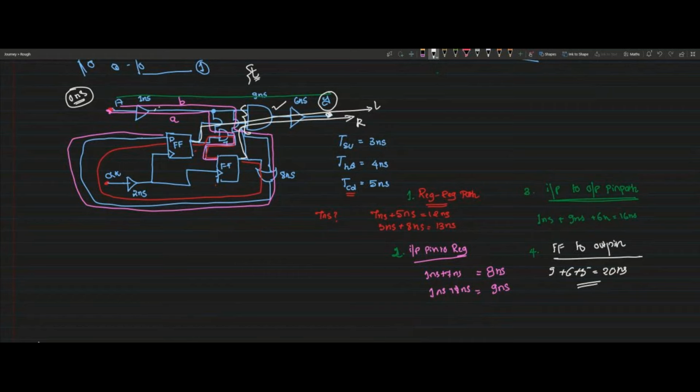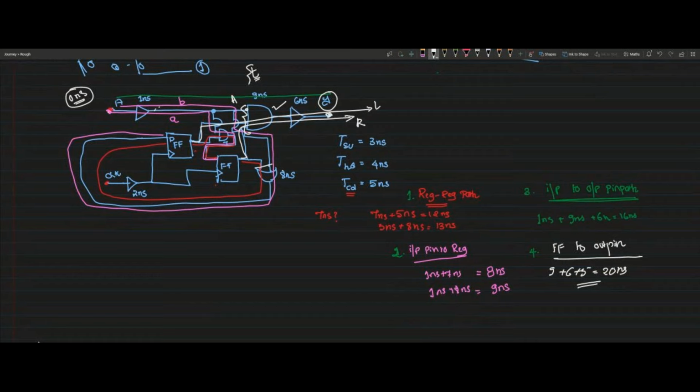Even though A will be stable here after 1 nanosecond, corresponding to A, for the other inputs to get stable I have various data paths. If you consider this path, I have 8 nanosecond, and this input from the flip-flop will be stable after 5 nanosecond.